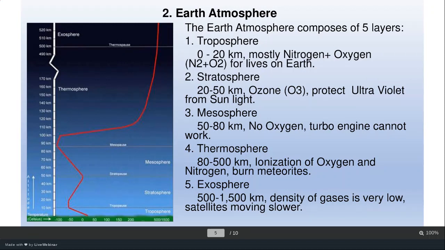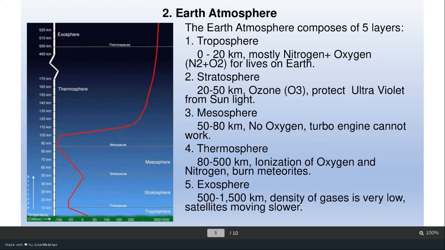Next is the fifth slide. I will talk about the Earth atmosphere, which is composed of five layers. One is the troposphere, above the Earth's surface up to about 20 kilometers, mostly composed of nitrogen and oxygen, chemical formula N2 plus O2, for life on Earth.